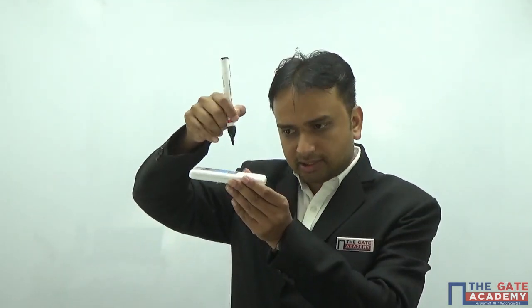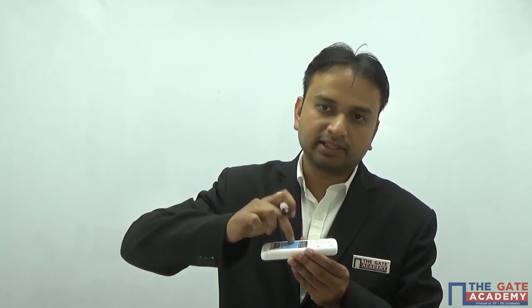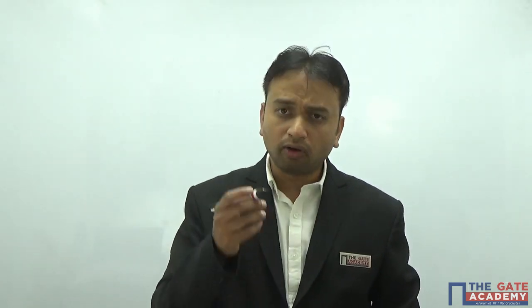Just imagine that there is an arc being established between the electrode and the workpiece. Because of the formation of the arc, a huge amount of heat is liberated, and the workpiece starts melting. Wherever this arc is striking the workpiece, that part starts melting. Not only the workpiece, the electrode also starts melting.